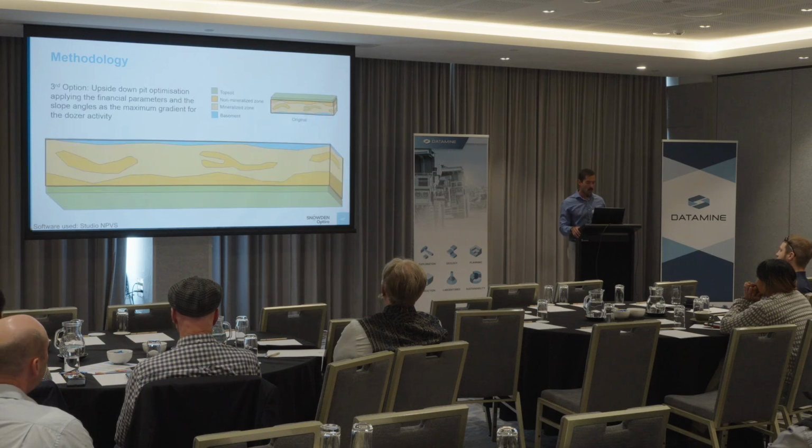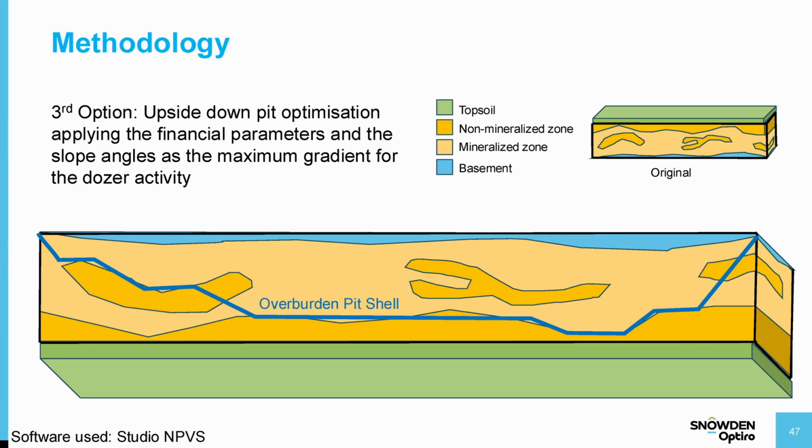So then, why don't we do upside down pit optimization? What we do is, if you multiply your z coordinate by -1, you have a block model upside down.